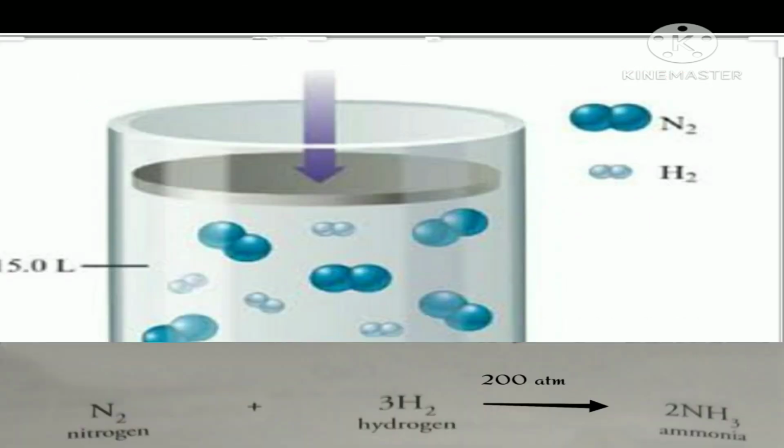Nitrogen reacts with hydrogen only when it is subjected to an extremely high pressure of 200 atmospheres to produce ammonia. See above the arrow, the condition required is 200 atmospheres. If this pressure is not maintained, then the reaction will not take place. So the condition required here is pressure.